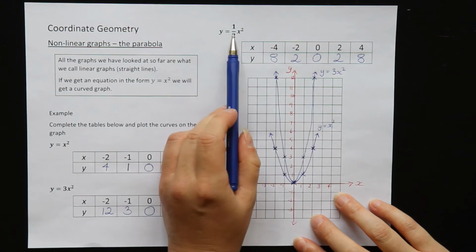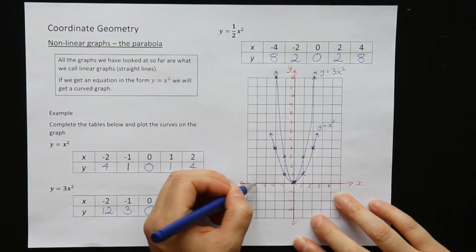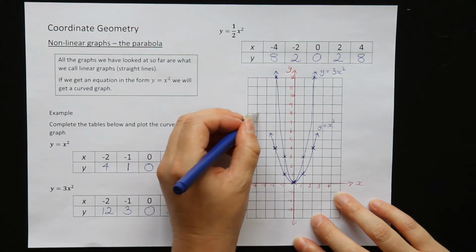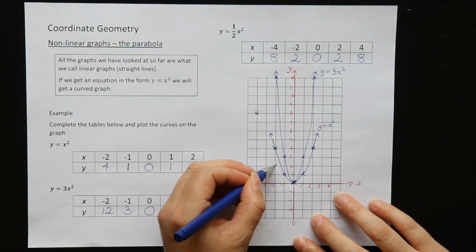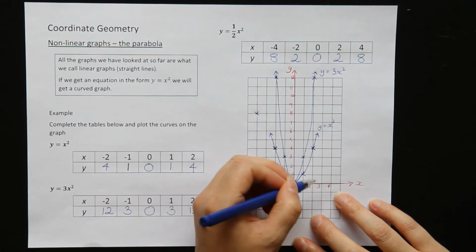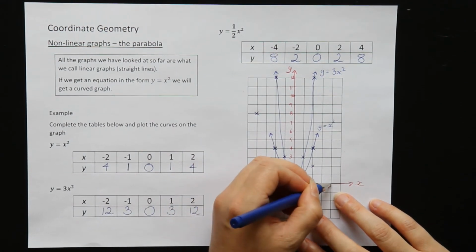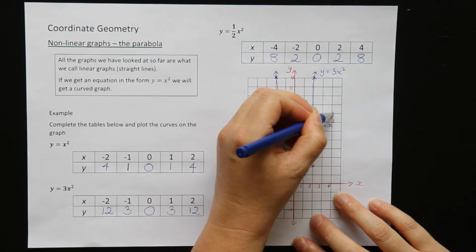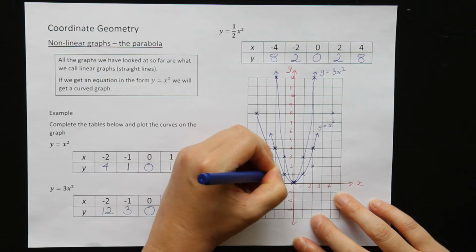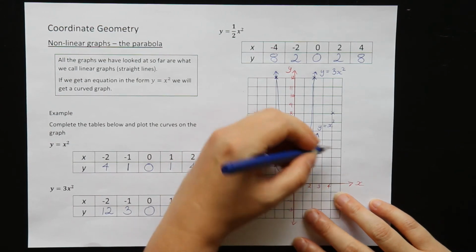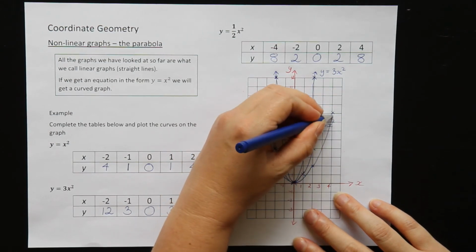So what do we think is going to happen now with our half x squared? Well, if we go to -4, we have 8. -2 is 2. 0 is 0. 2, 2, and 4, 8. So it comes down through the origin. They all go through the origin.